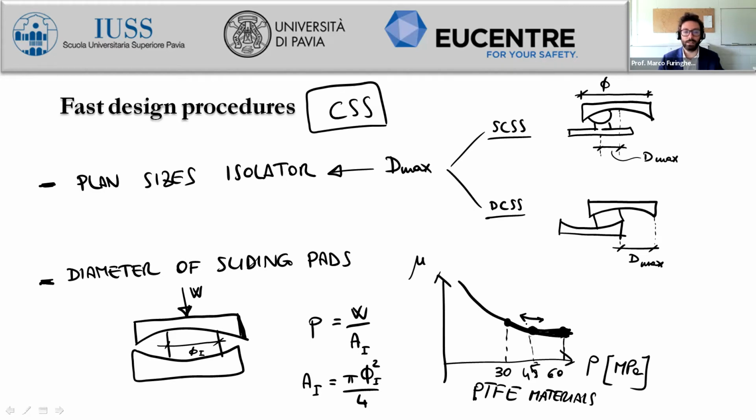We will use these procedures for the case study structure that we are going to define on Monday. On Monday, I think that we will be able to use SAP 2000. We will do some hand computation at the beginning, but then we will immediately model the building through the software, and we will also do the modeling of isolators and so on.